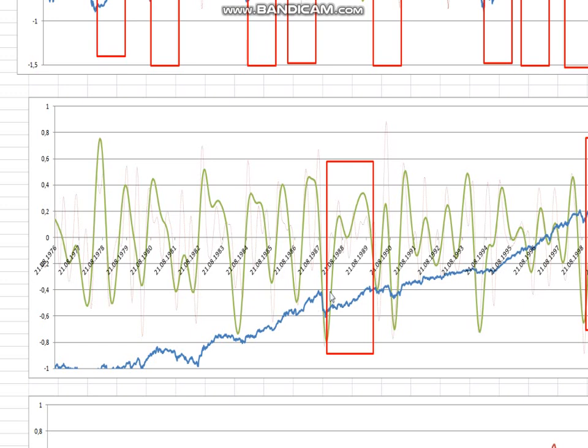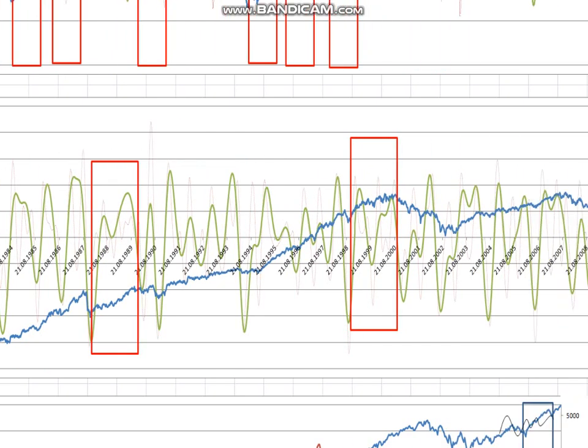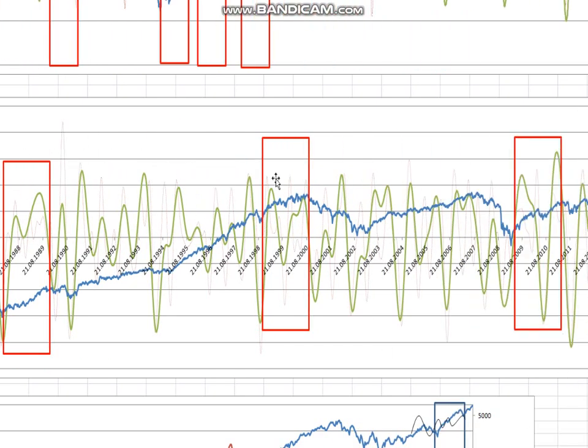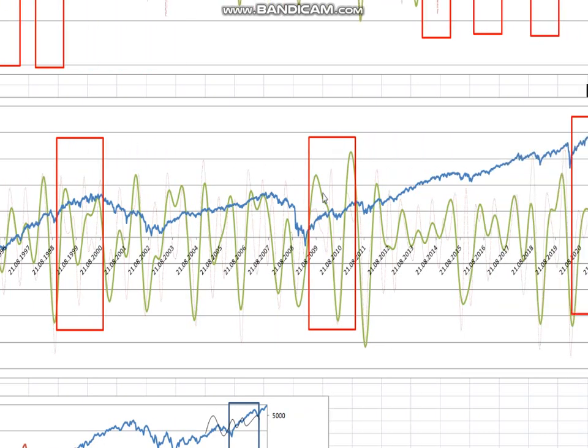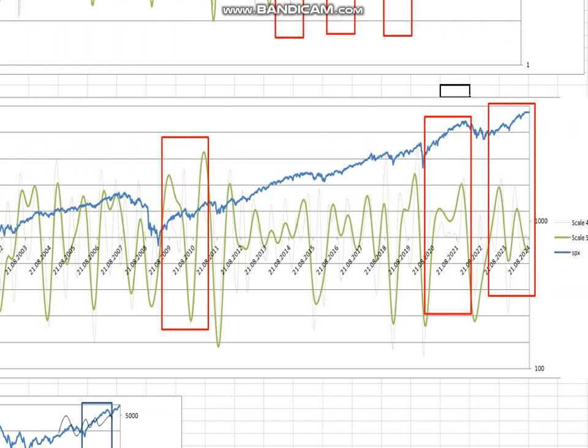So we see we had one after the 87 crash, A, B, C, and we had here at the tech bubble high, A, B, C, and after the financial crisis, an A, B, C, and actually the recent bull market also had an A, B, C with a top in early 22, and currently I'm assuming this is an ABC bull market, because we also have these long trending bull markets, but I think this will be a short ABC.